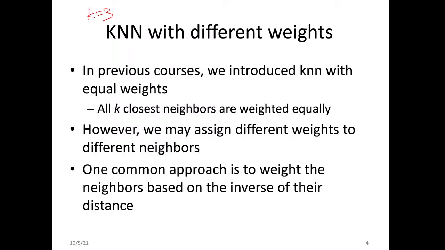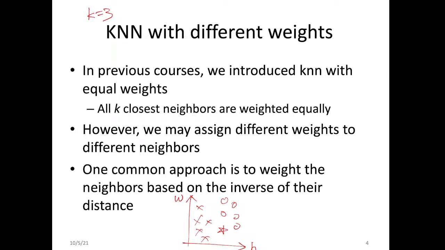For example, let's say again we want to use height and weight to predict gender. We have some males here and females here, and we have a new instance here, this star. Is it a male or female?